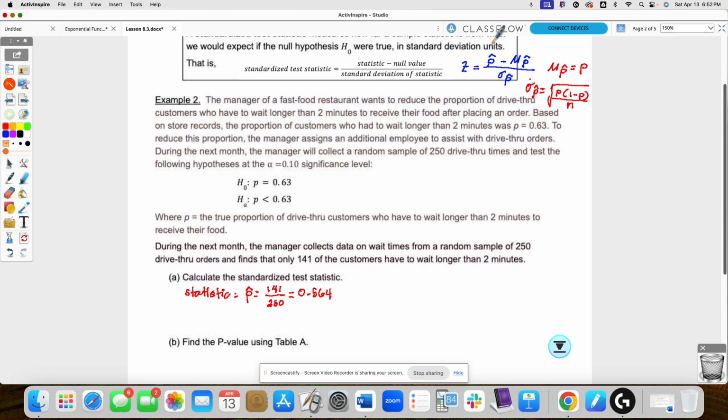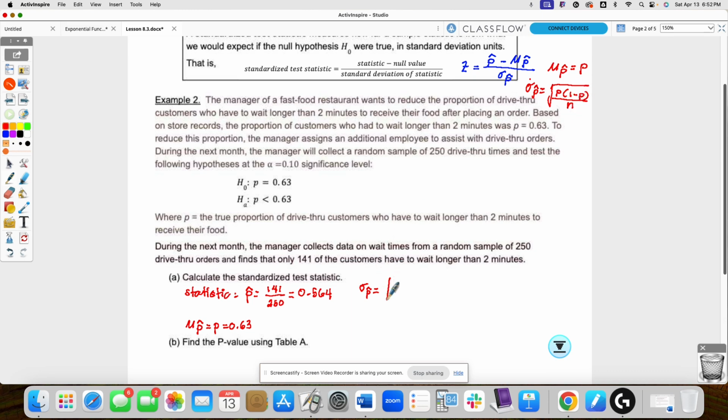Now, mu of p hat, which is your null value, is equal to p, right? Now, your p here is equal to 0.63. Okay. Now, as for the standard deviation of the statistic, we have this formula, right?